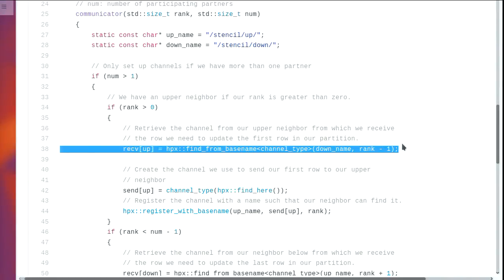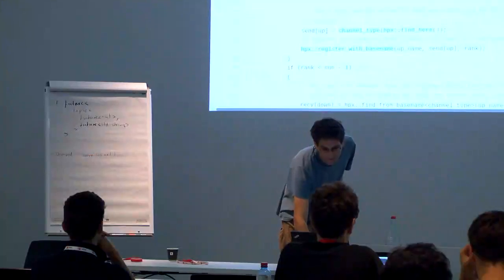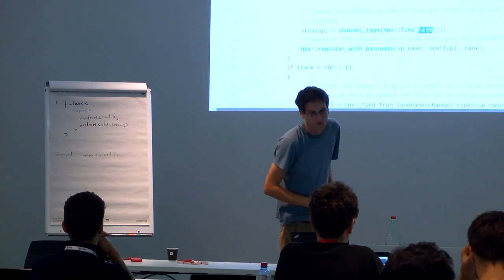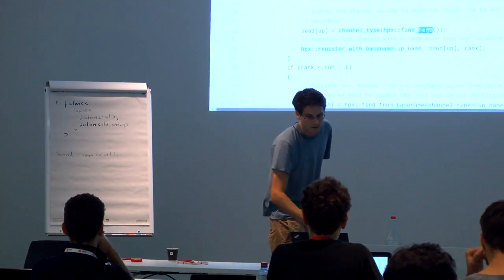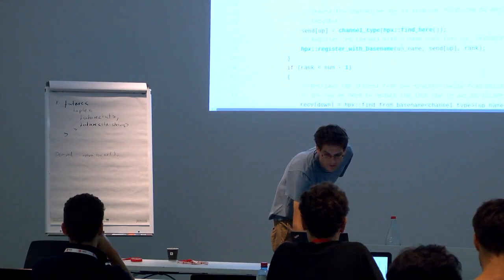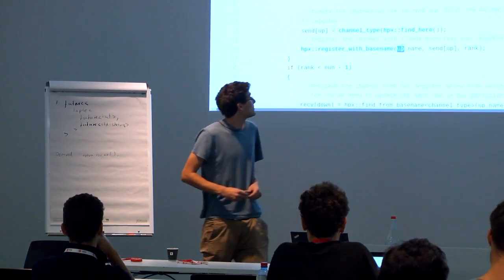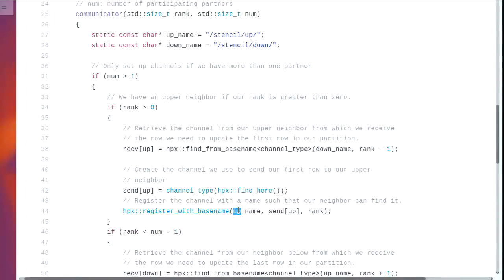So when we want to receive from our upper neighbor, we want to get the value of its channel, which points downwards. Okay? And then in order to send our first row, we create our own channel and register it with the up name and our own rank, right?